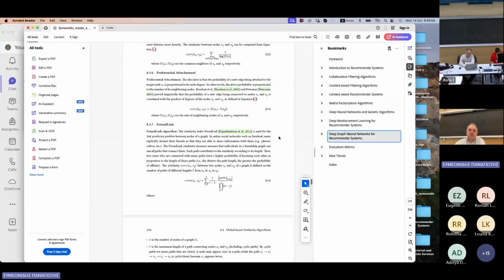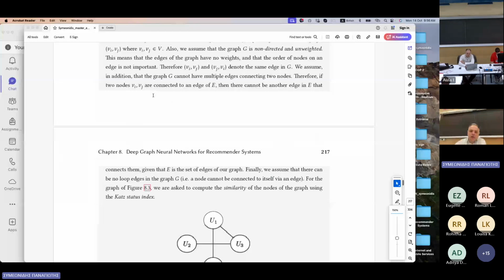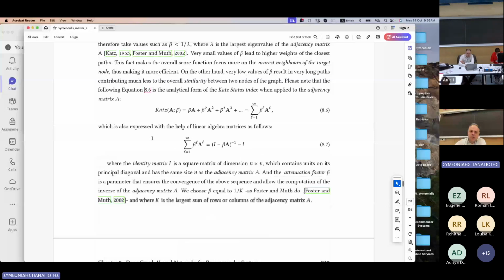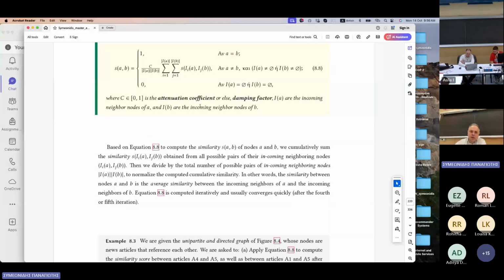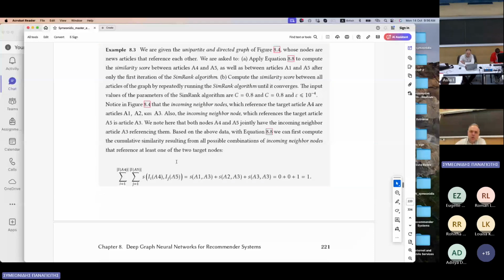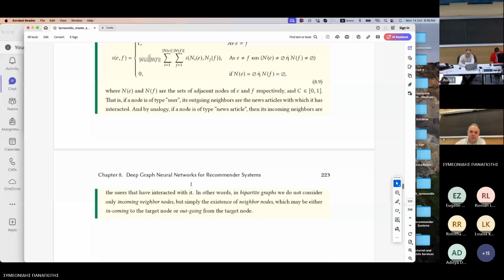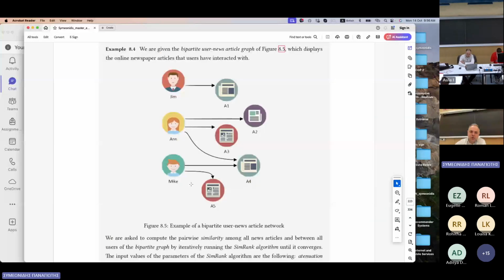Okay, so there is what we discussed about global-based metrics and the Katz status index, the SimRank algorithm, okay, the definitions, and the example here, exams with the articles. And also we have a bipartite graph here with the computations of the bipartite graph.